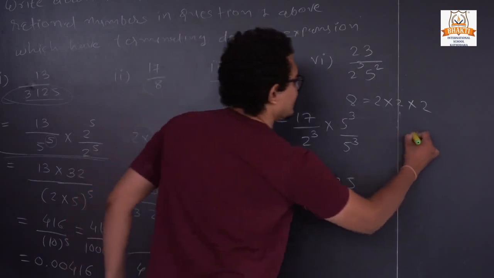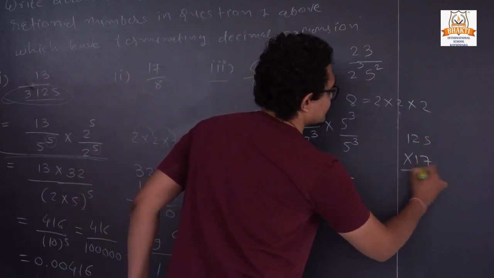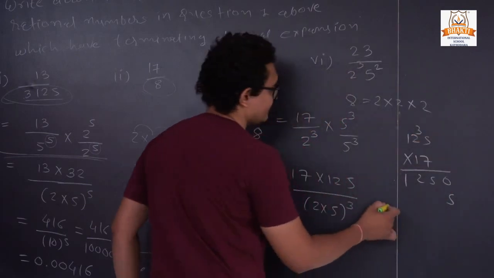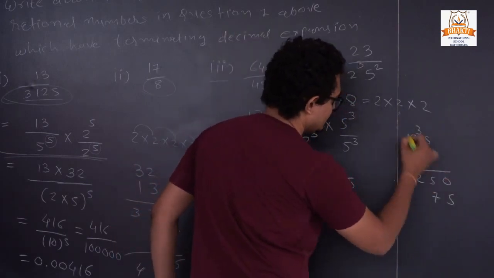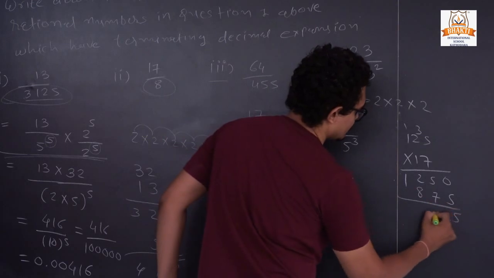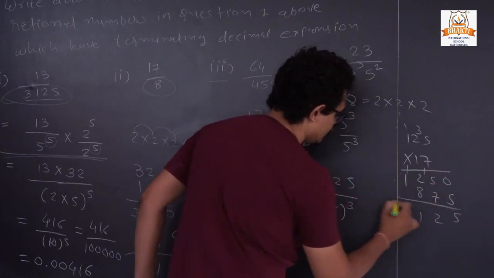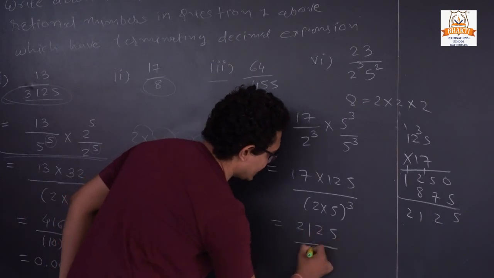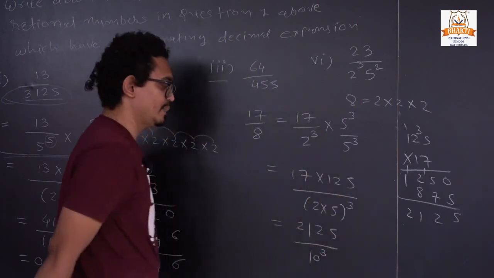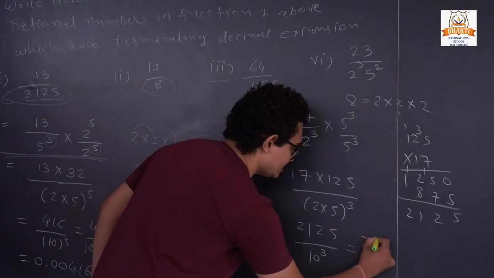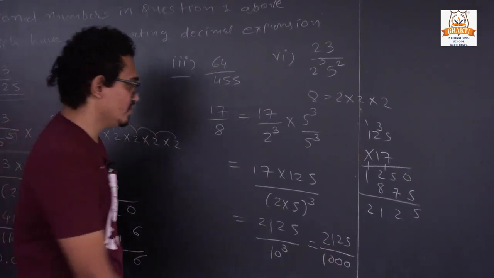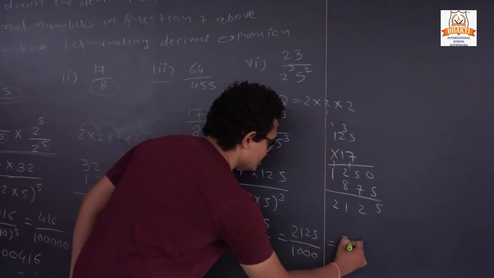Now 125 multiplied by 17, so the answer is 2125 upon 10 raised to 3. 10 raised to 3 means 1000.